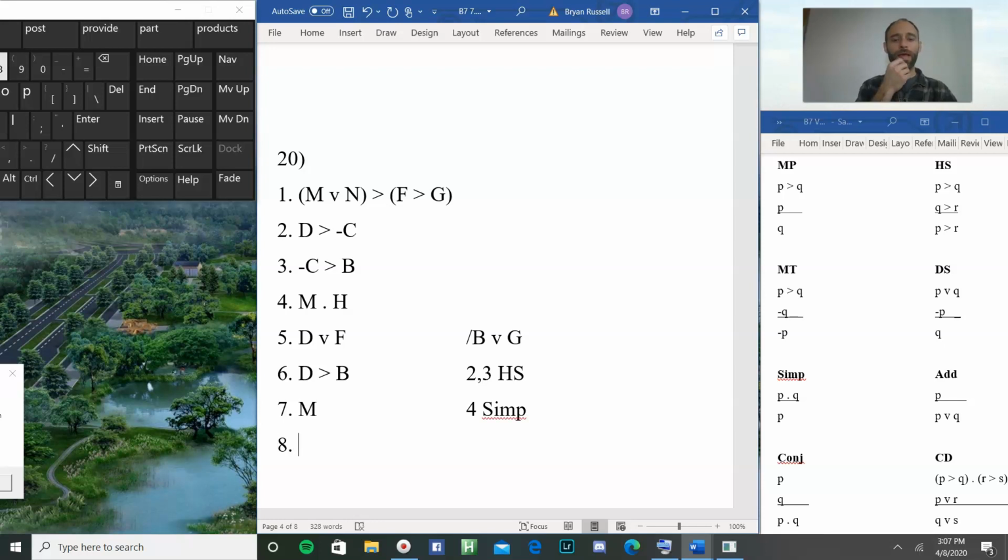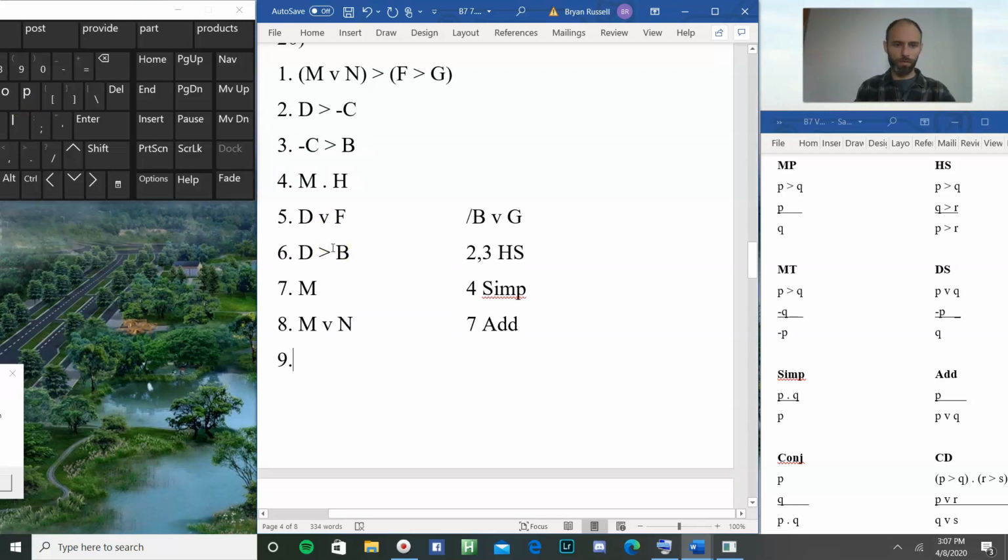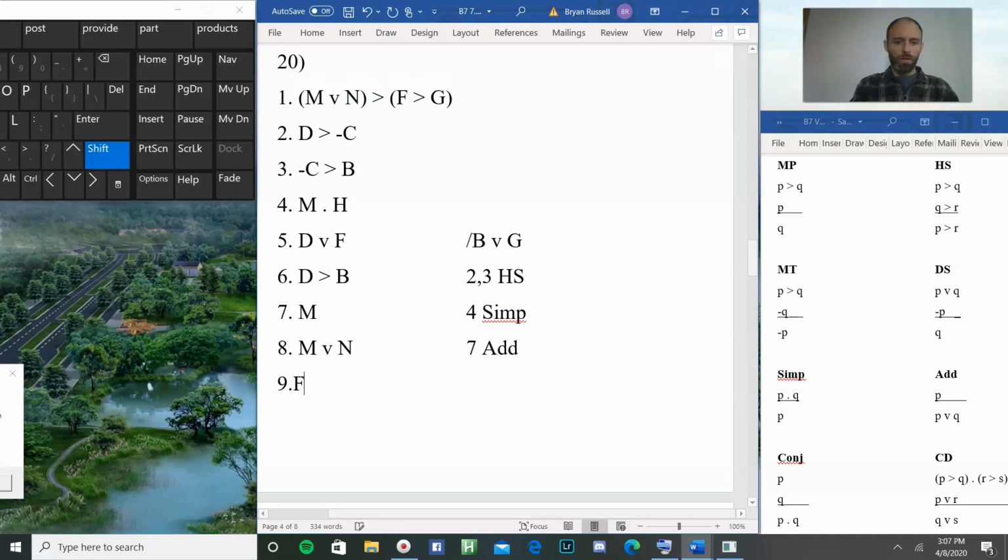And now that we have M, we can construct that antecedent. This is, as you hopefully have noted, a very popular move in these proofs. So this is just adding on to 7. And now that we have that antecedent, we can get the consequent, F horseshoe G, via modus ponens, so 1, 8 MP.